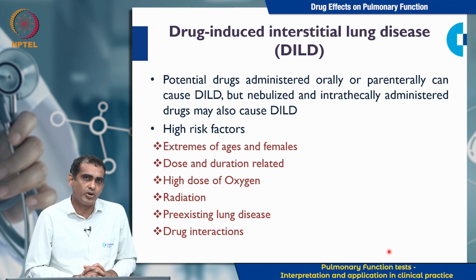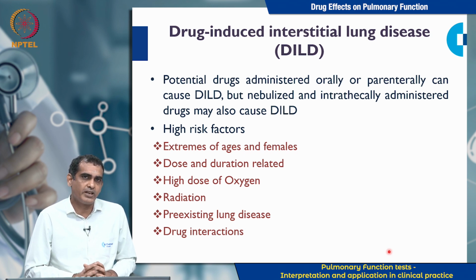But not all patients get this complication. There are some high risk factors. If the patients have these high risk factors, then the chances of lung injury are more in those patients. Extremes of age and females, newborns are more prone to have lung injury. The geriatric age group population again is more prone to get interstitial lung disease from drugs. With a high dose of the medications, and a longer duration of administration, the chances of ILD are more.